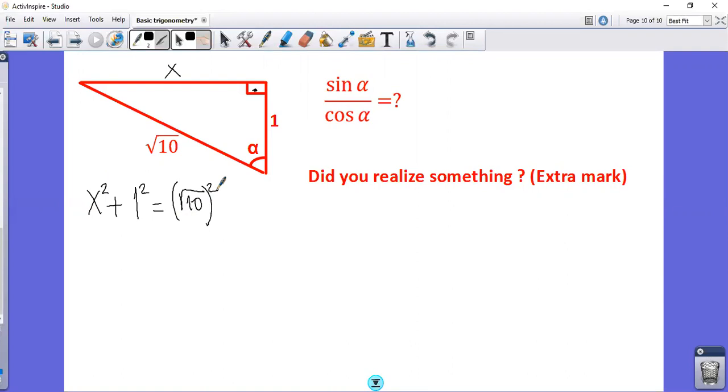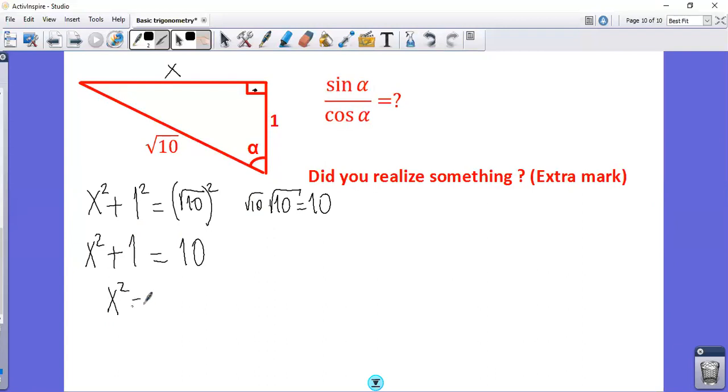The side opposite to 90 degrees is the hypotenuse, and its square is equal to the sum of the squares of the legs. So x squared plus 1 squared is 1 plus x squared. Root 10 squared is root 10 times root 10, which is 10.